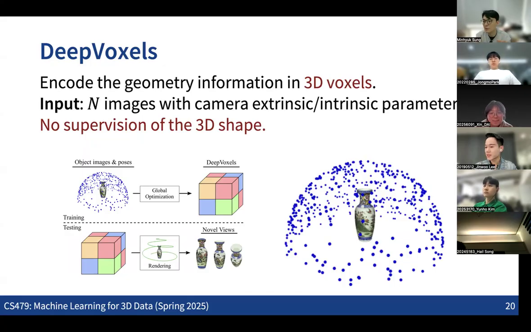But the voxels are not including any signed distance or occupancy, but having latent features that will be decoded using a neural network. So what we do is we have n multiple images with their camera poses, reconstructing 3D voxels with some feature inside each voxel.